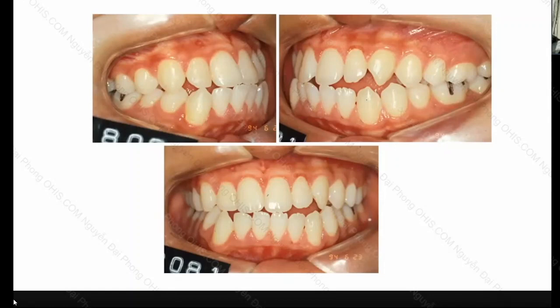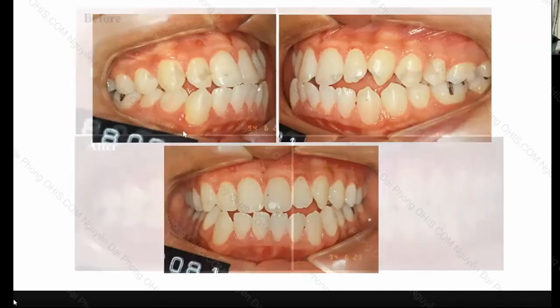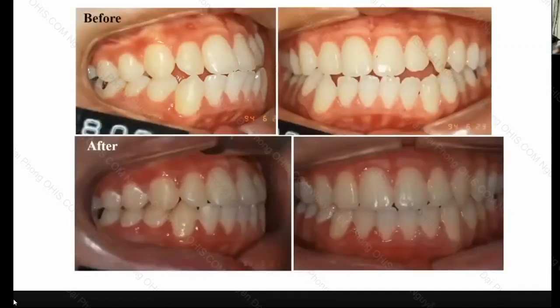Therefore, we cannot treat it orthodontically. This was the kind of discussion, but even with no condyle, class 3 occlusion develops. So I think vertical dimension and the occlusal plane are important.